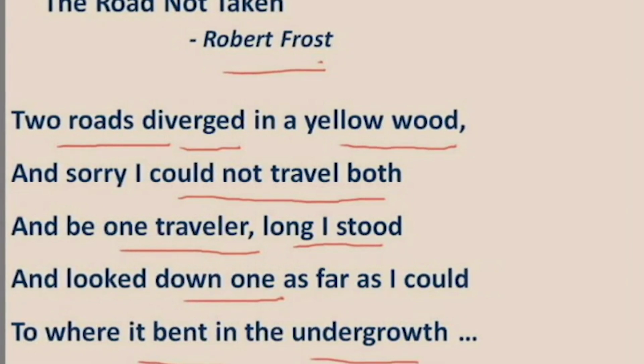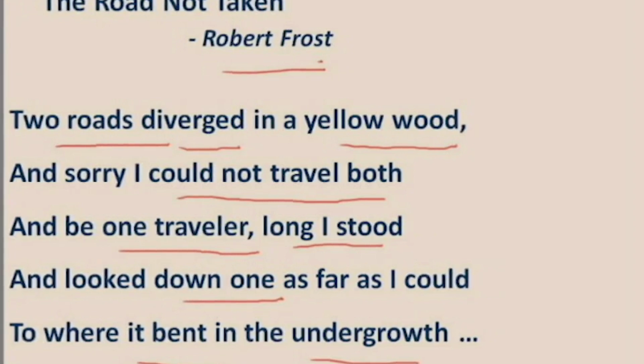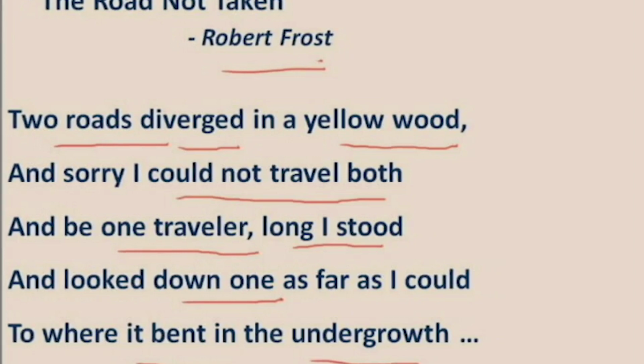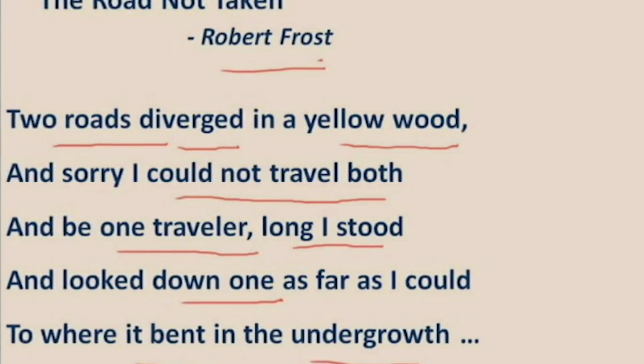Now let us talk about the literary devices used in the poem. The literary devices are the devices used by the poets in their poem. The literary device that we find here is the rhyming words. Rhyming words are the words which have the same ending sound. Now let us look at the words one by one.